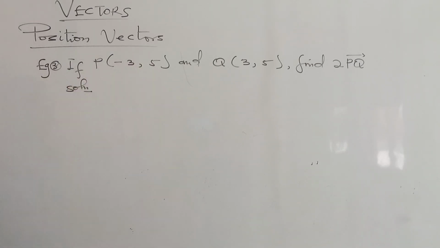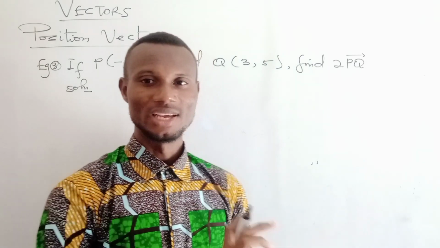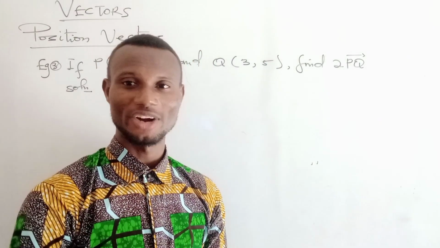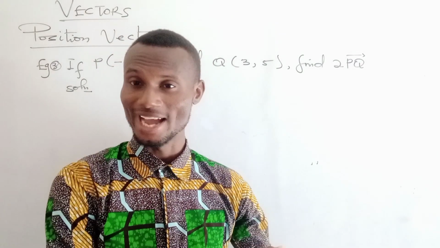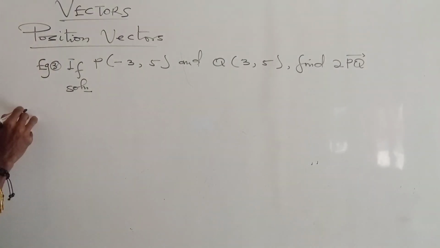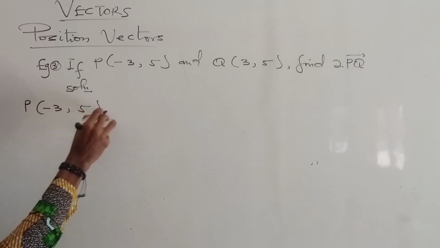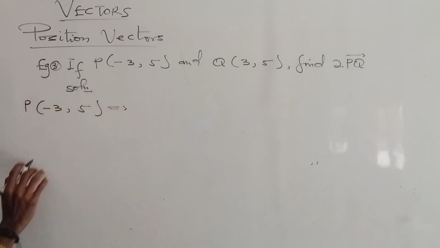So I've been given the point P, and I've explained to you from the previous videos that given a point, you can express that point as a position vector. So the point P given here, I'm going to write it as a position vector. So I have my point P, which is (-3, 5). I'm going to express it as a position vector.